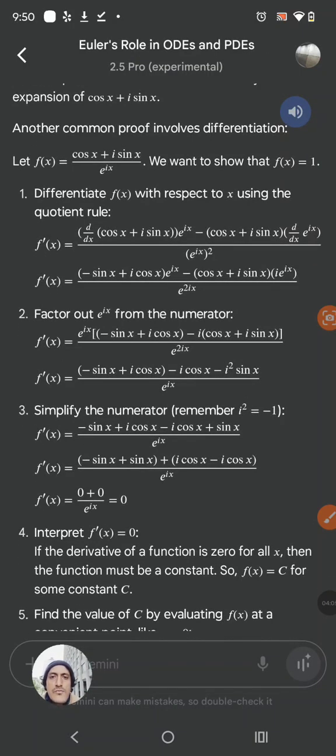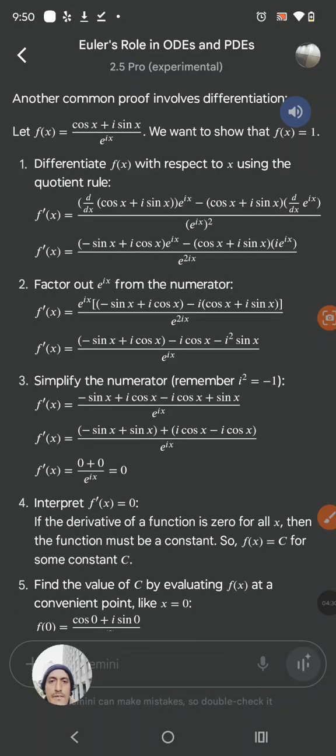So differentiate with respect to x, f prime of x: d/dx of the numerator times the denominator, minus the numerator times d/dx of the denominator, divided by the denominator squared.